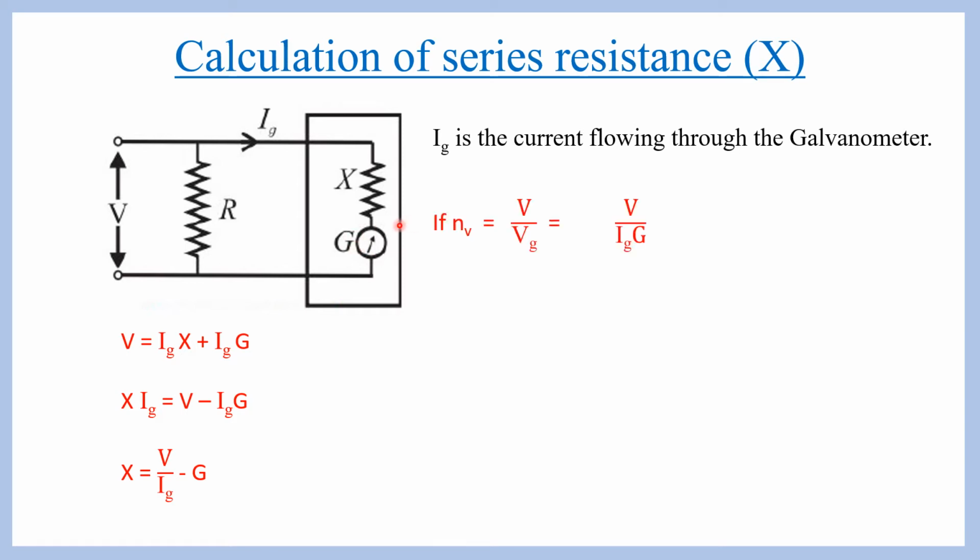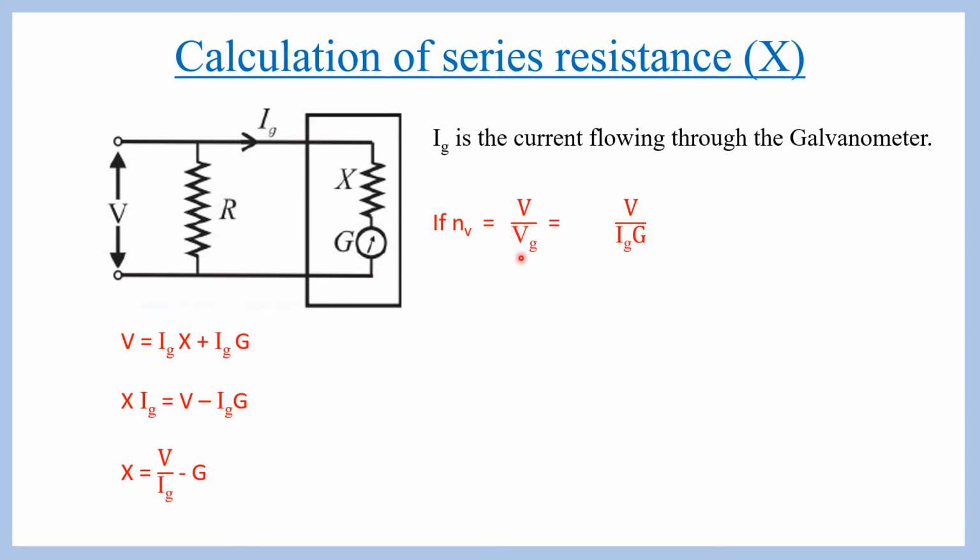If we want to increase the range of the voltmeter, that is, when we are converting a galvanometer into a voltmeter, the voltage measuring capacity is increased. So we are increasing the voltage measuring capacity of this voltmeter by n times. So N will be equal to V divided by Vg.